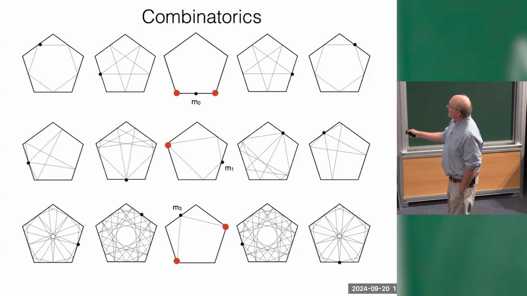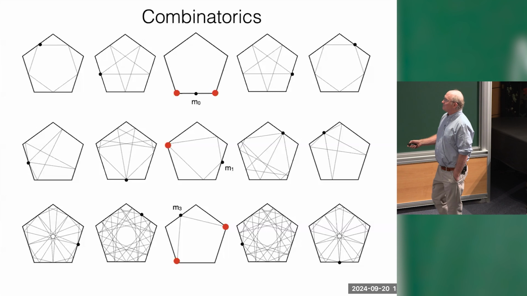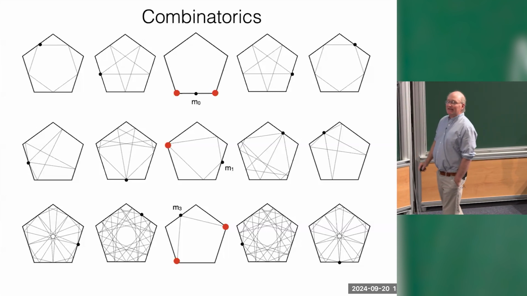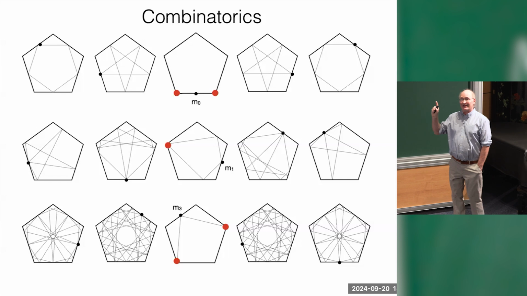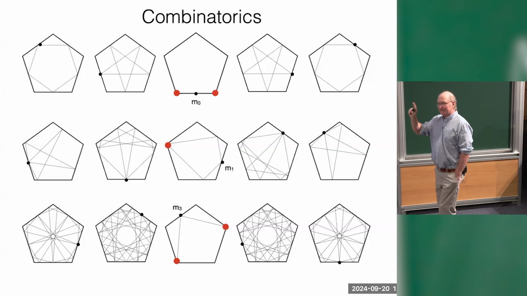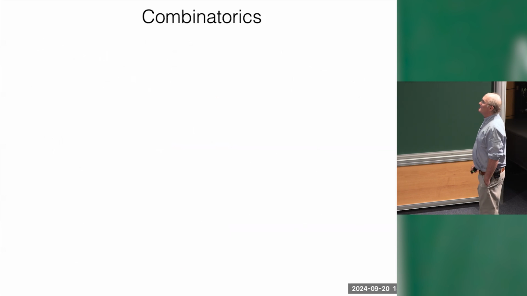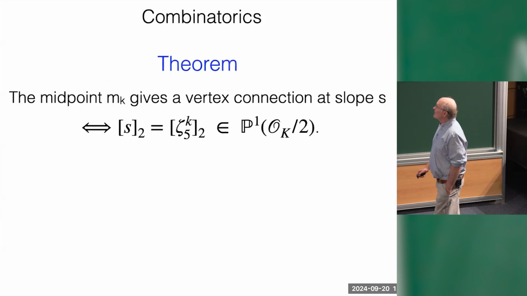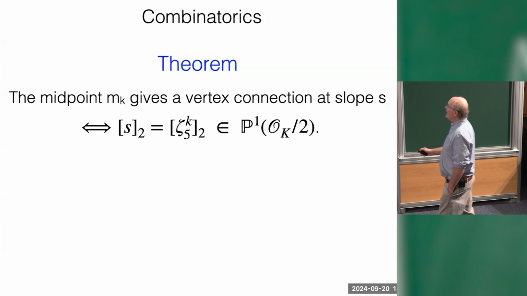So another question you can ask is, if I give you the slope, can you predict the midpoint that's going to give a vertex connection? So the first theorem is, for every periodic slope, there is an edge midpoint that gives a vertex connection. Which one is it? So the theorem is that this can be computed in a very succinct way.